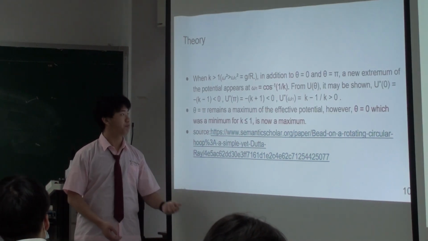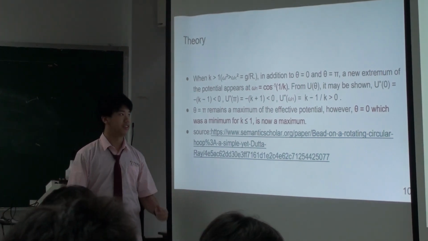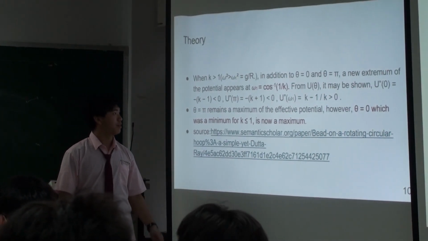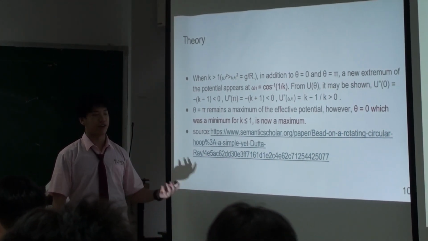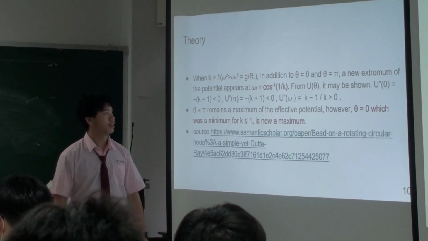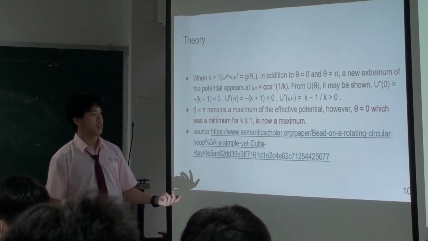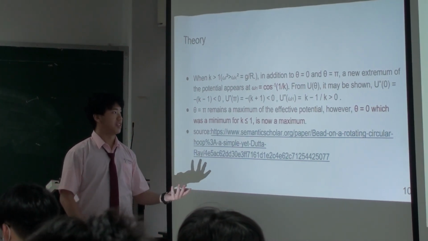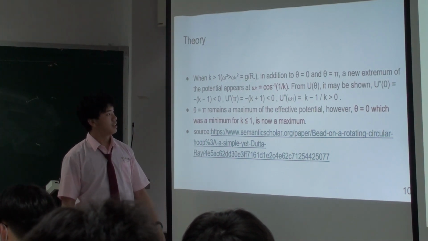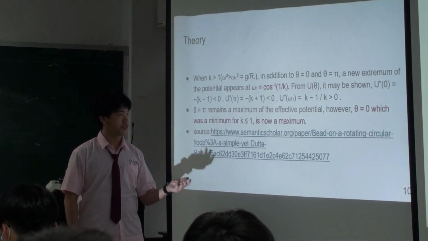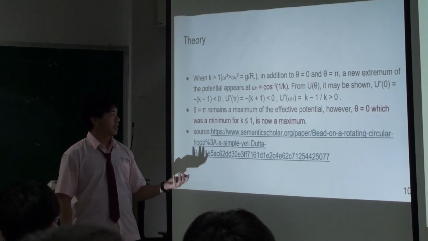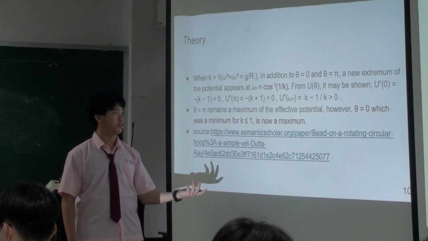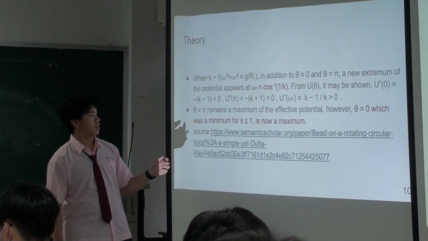But when k is bigger than 1, the angular velocity is quick enough. By enough here, I mean that g over omega squared is smaller than r, where g is the acceleration of gravity. By math, we will see that there are 3 extrema in addition to theta equals 0 and pi, at omega 1 equals arccosine of 1 over k.